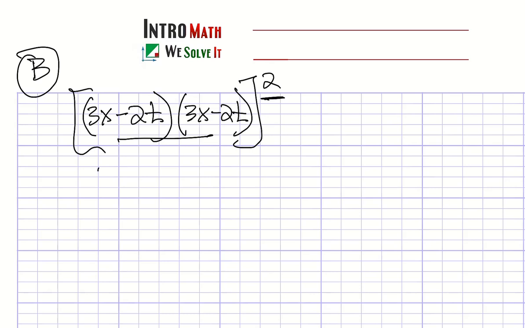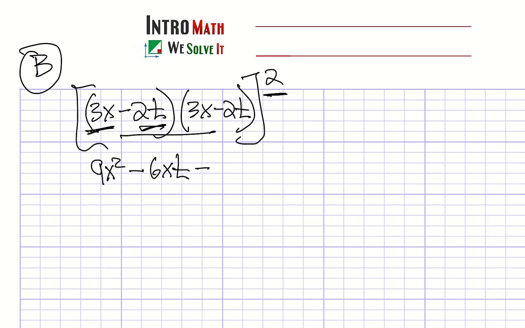3x times 3x, you got 9x squared, okay? 3x times negative 2t, you got negative 6xt, right? So we're done with that foil there. Let's do this foil here. Negative 2t times 3x, we got negative 6xt.